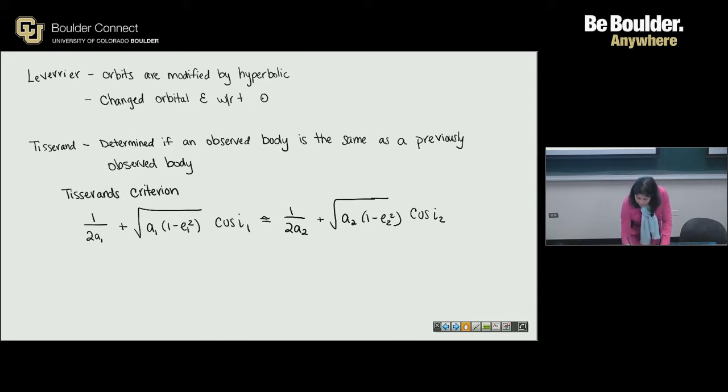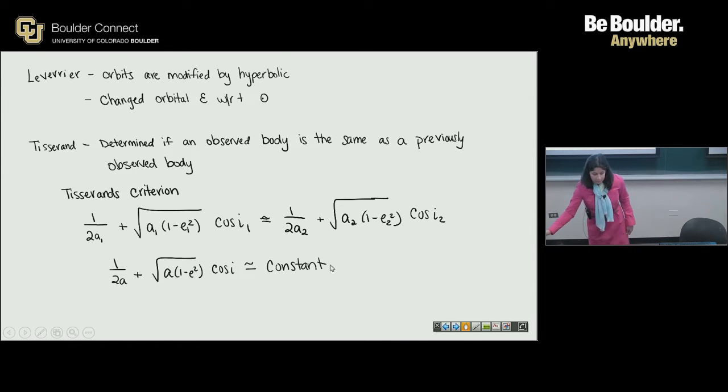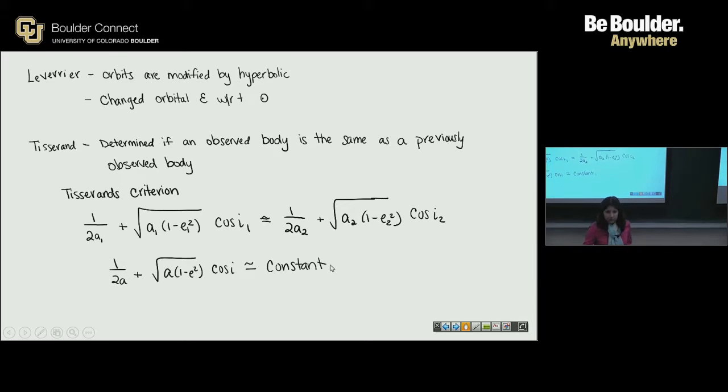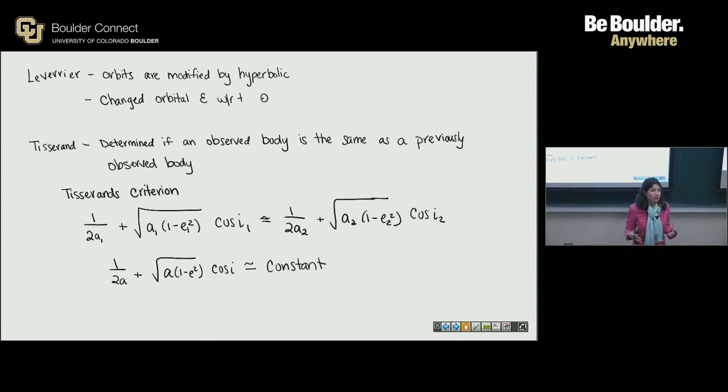Or in other words, 1 over 2a plus the square root of a times 1 minus e squared times the cosine of the inclination is approximately constant. So then they were able to determine that these comets were the same.